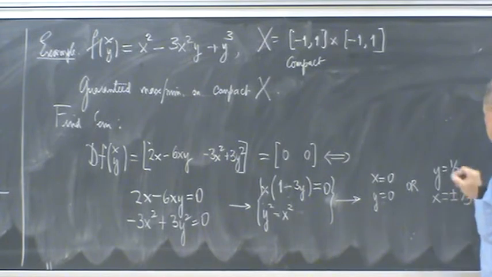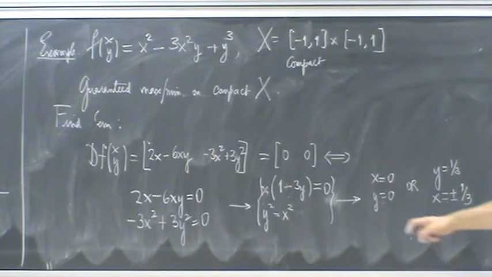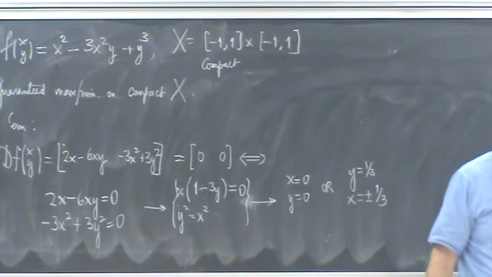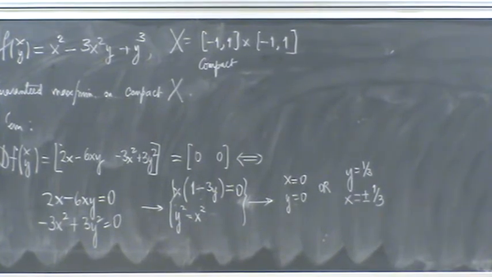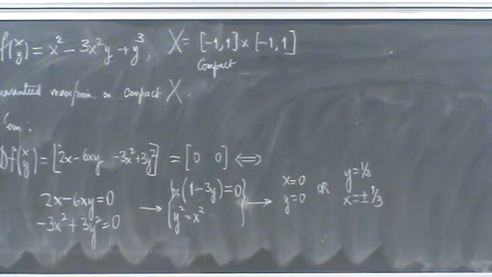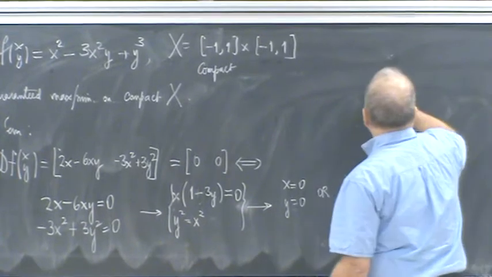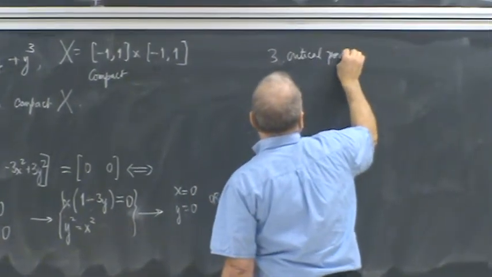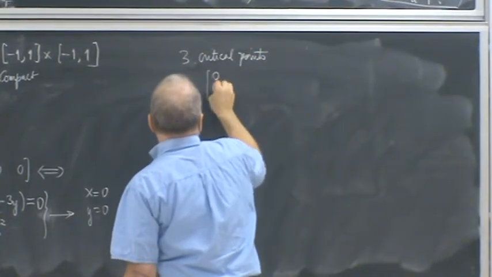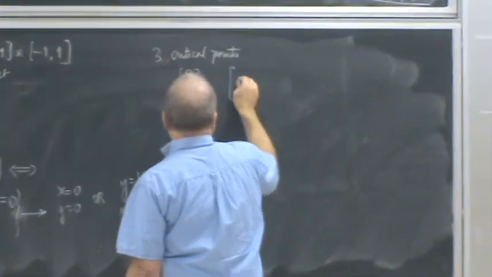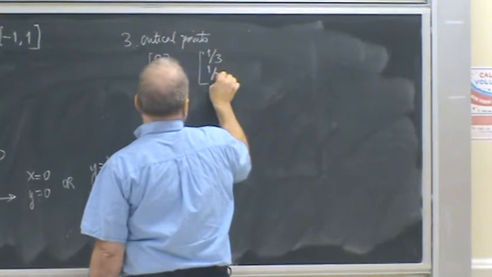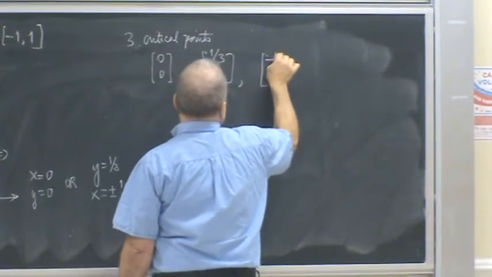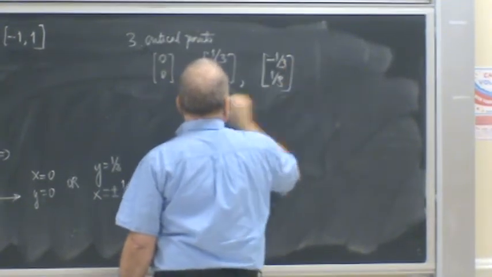Does everybody agree with that? Because of this equation, x could be either a third or negative a third. So how many critical points did I find? 3. Well, other than the one we already found, 2. So I've got (0, 0), (1/3, 1/3), and (-1/3, 1/3).